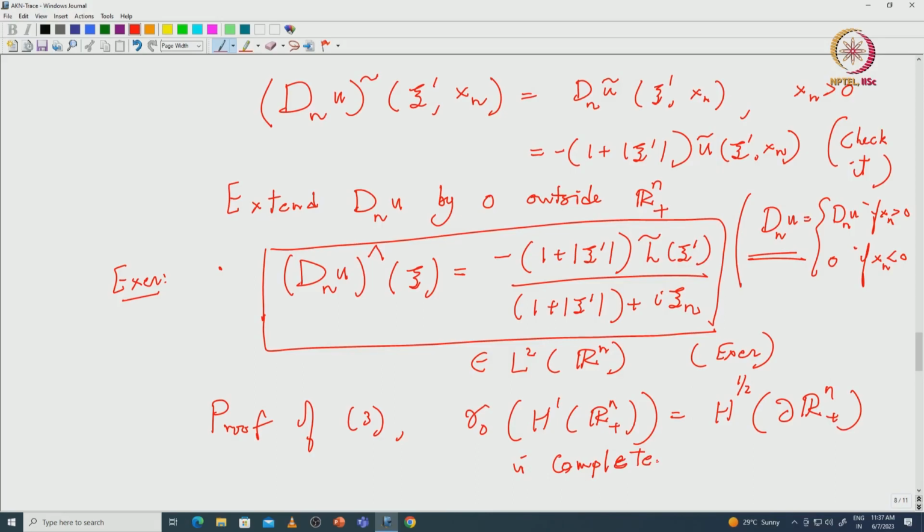But then I want to write down the trace map, more general trace maps. Okay. So, remarks, generalization. Suppose U is in H2 of Rn plus.